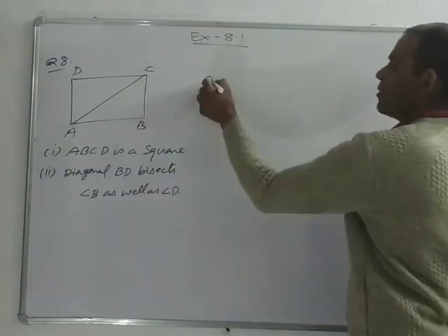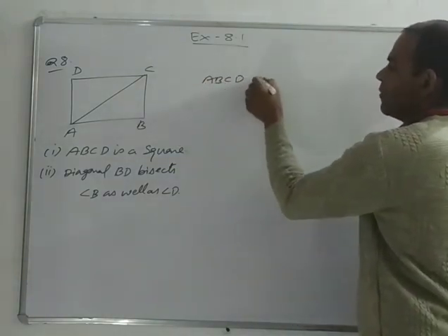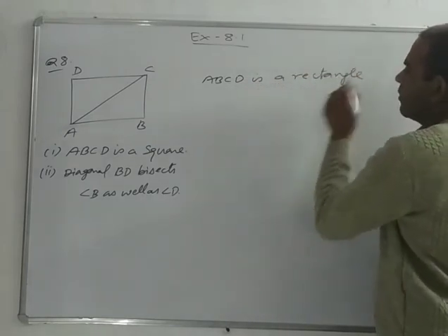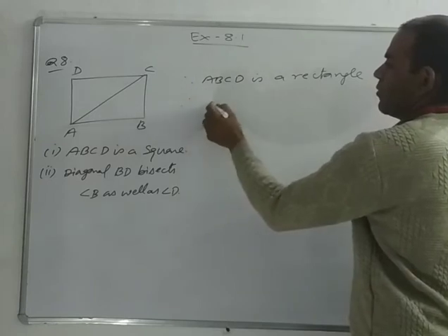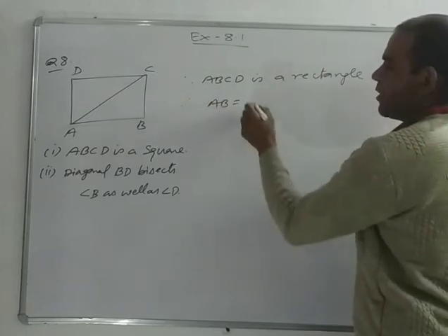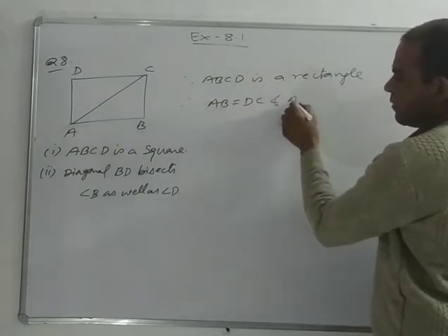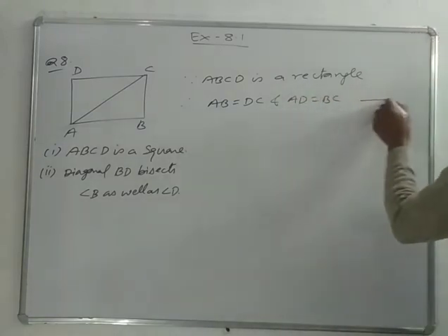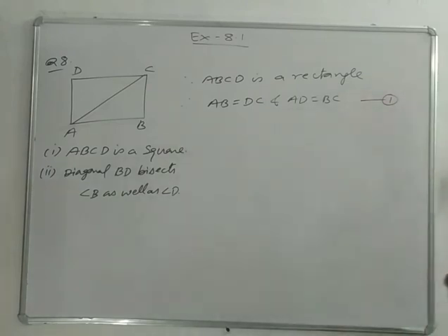So first of all, ABCD is a rectangle. Therefore, AB equal to DC and AD equal to BC. Opposite sides are equal.